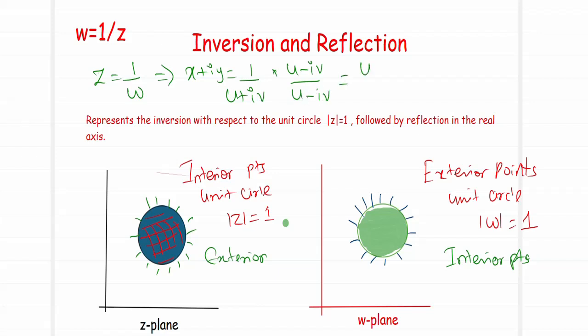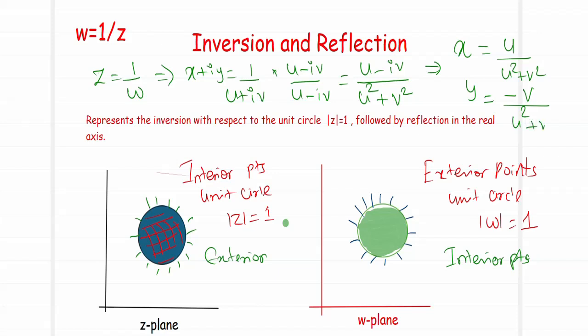So I will have u minus iv divided by (a plus b) into (a minus b), which gives a square minus b square. So minus of i square makes it plus 1. In which case my x can be represented as u divided by u square plus v square, and my y can be represented as minus v divided by u square plus v square. So the reflection of the interior becomes the exterior here, and the reflection of the exterior becomes the interior here.